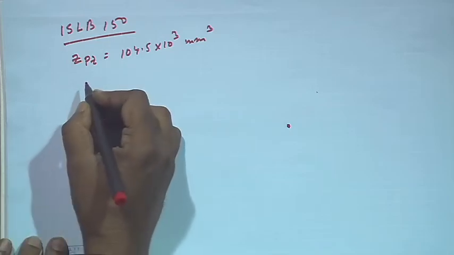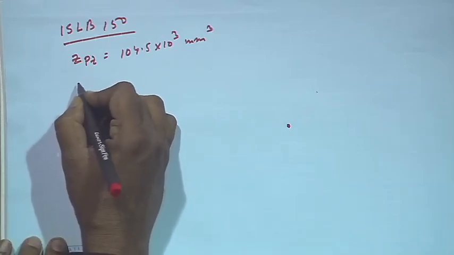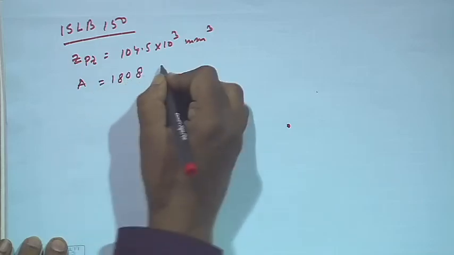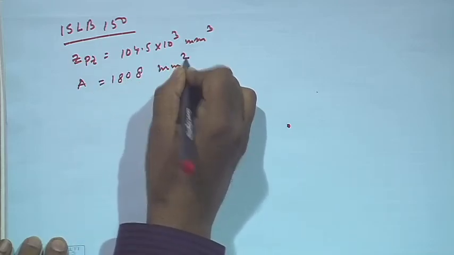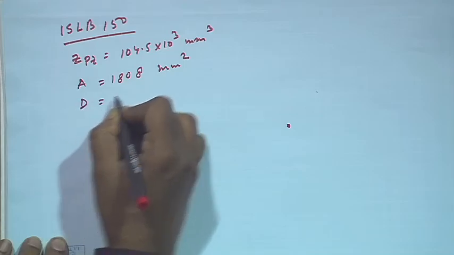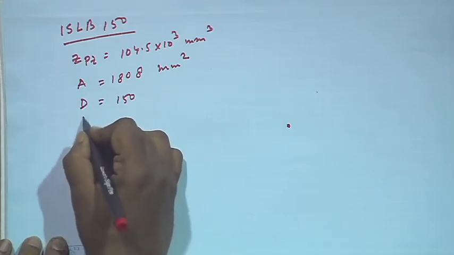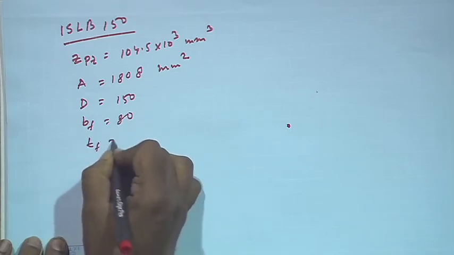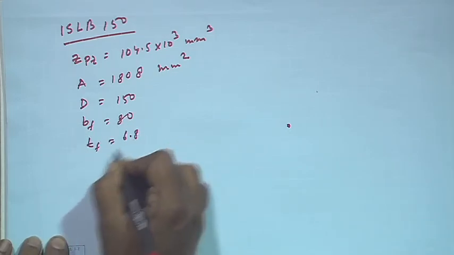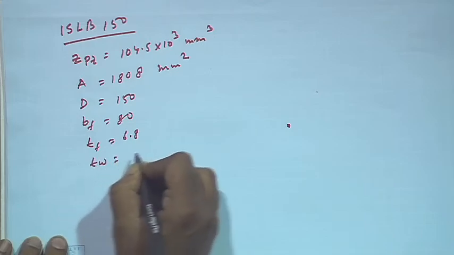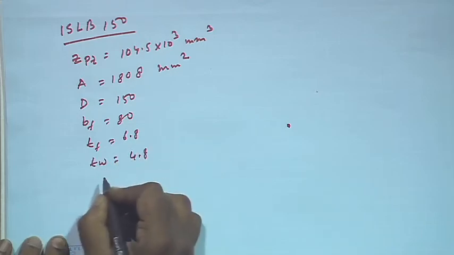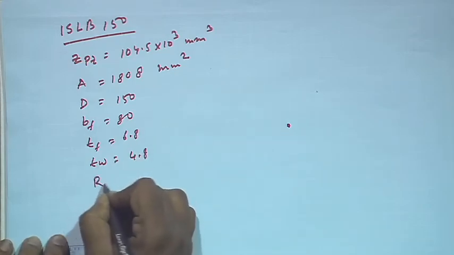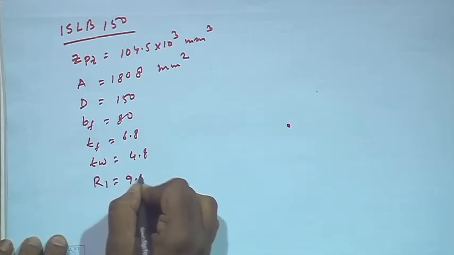From SP6 we can find the cross sectional area as 1808. This data we can find: depth is 150, width of flange is 80, thickness of flange is 6.8, thickness of web is 4.8, and root radius R1 is 9.5.